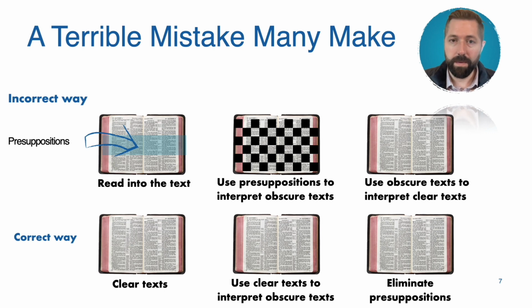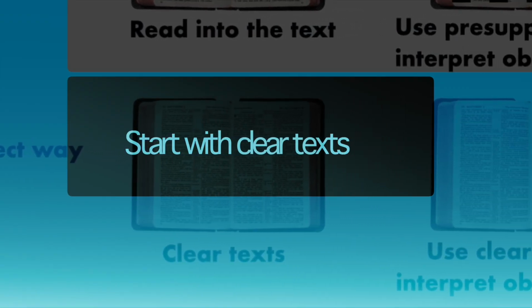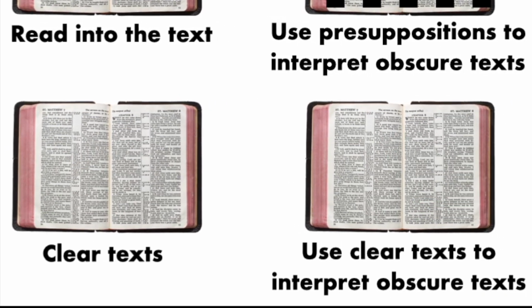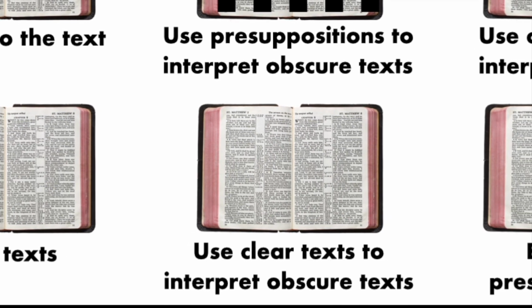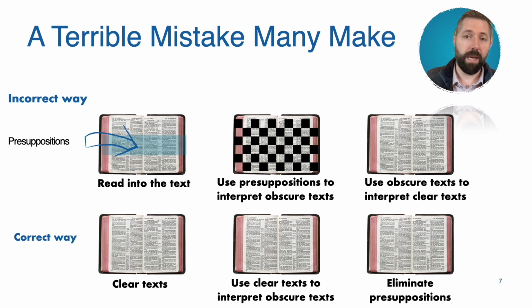So the correct way, or at least the better way, to do this is you start with the clear text of Scripture. And then you use the clear text to help you interpret the obscure or more difficult texts, right? You take what is plain and simple, and hopefully, through that process, you will eliminate incorrect presuppositions.